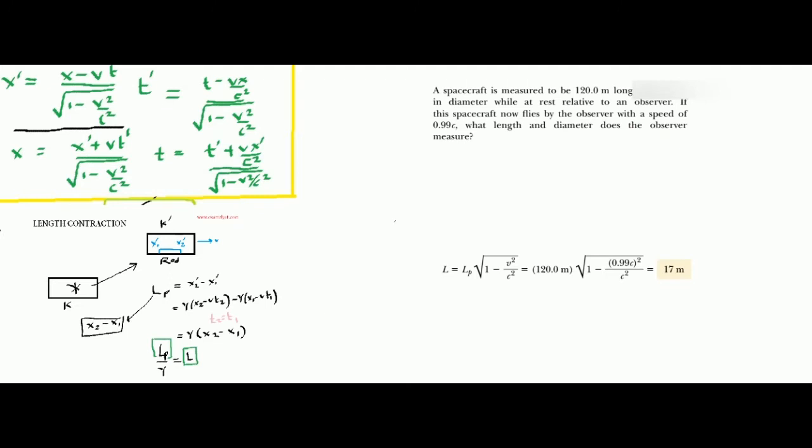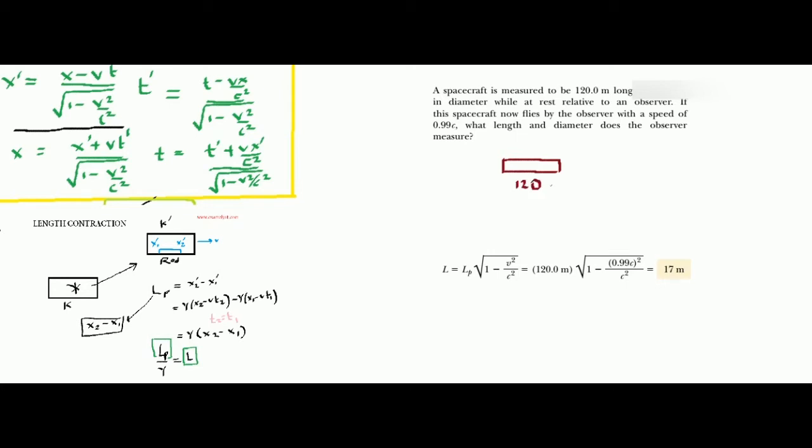So consider this example. It is said that there is a spacecraft, most probably cylindrical, and the diameter is given in the perpendicular direction. The diameter is not going to change, so forget the diameter and look at the length. When it was at rest, the length was 120 meters.